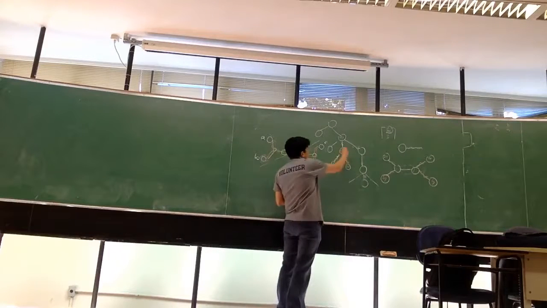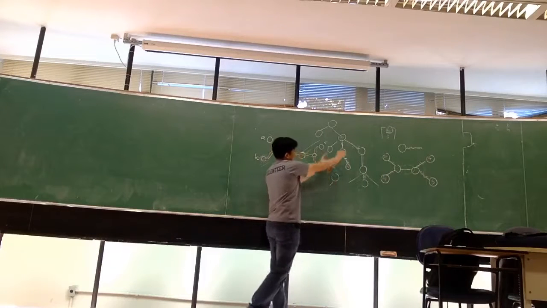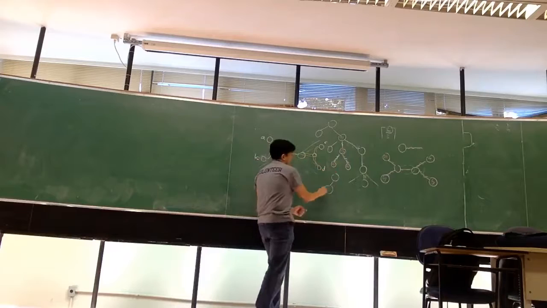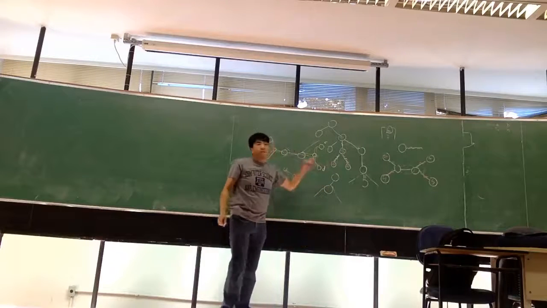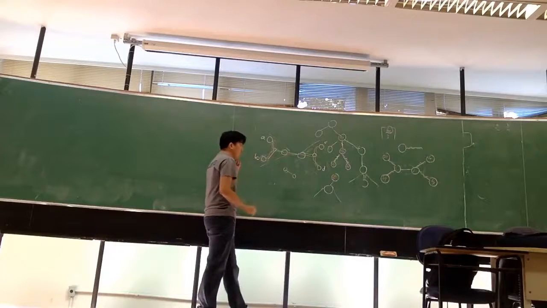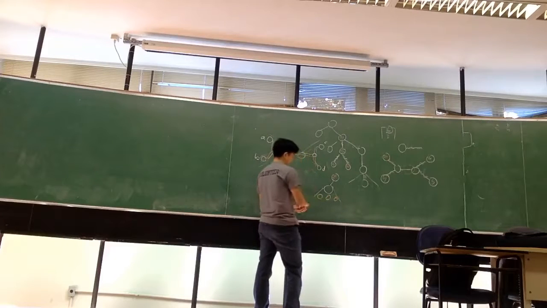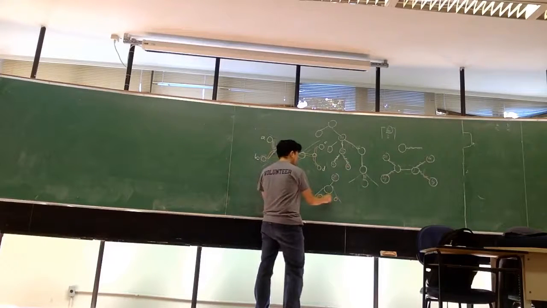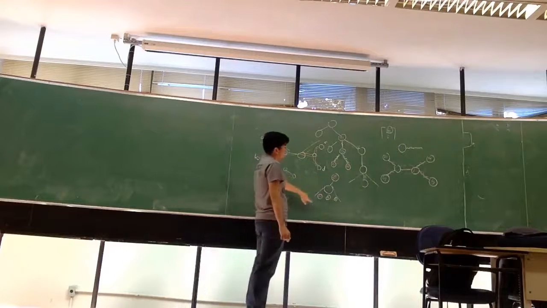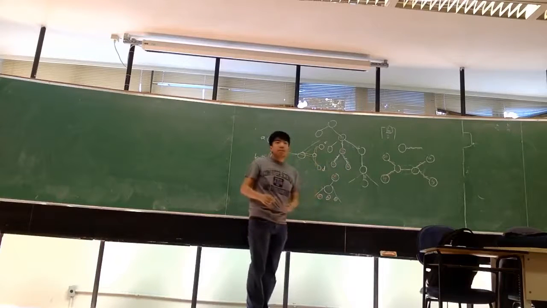So this guy is a leaf when all other vertices of the subset lie in the subtree of a child of this guy. So if something like this happens, then this guy is also a leaf, and you have to take this case into account as well.